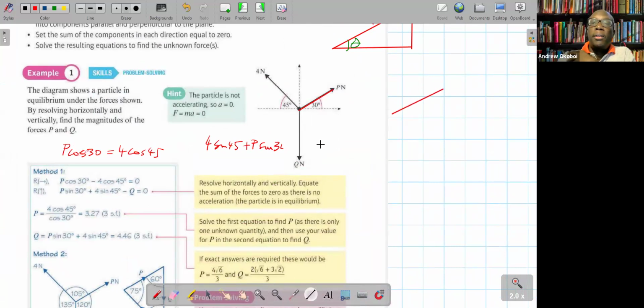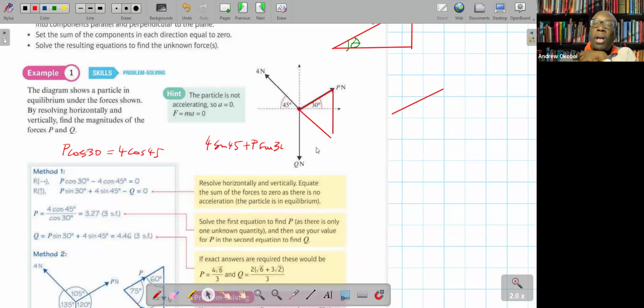So that's P. Then we now take this force here, that's Q, and what we do with it is to move it here, like that. Okay? Then we take this force here, which is 4, and now take it and move it so that we close the triangle. And that's how we do that.